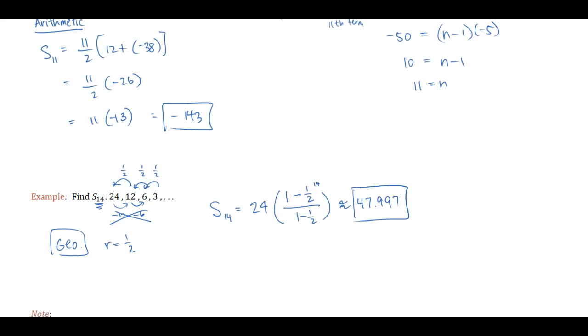Just for fun, I could tell you that we could sum up this infinite list too. Because of the fact that r was less than 1, we would be able to find the sum of this list, going on forever, because see how these are getting so much smaller, 3, and then the next one's going to be 1.5, and so on.